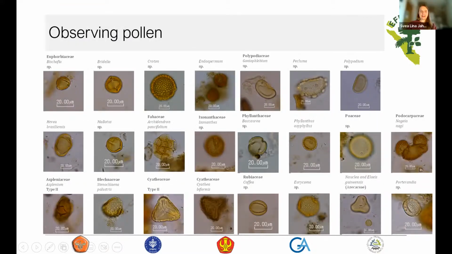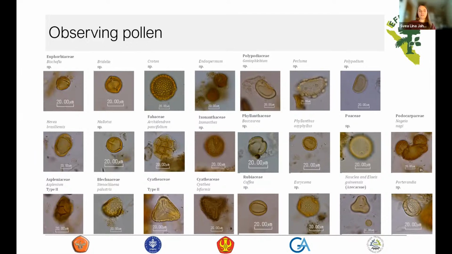So yeah, I think what comes out of acetolysis is not only, of course, the singular pollen grains and the wall structures to be recognized, but also a wide palette of morphology. This is actually, I think, what attracted me the most to this discipline: basically, the beauty of pollen.